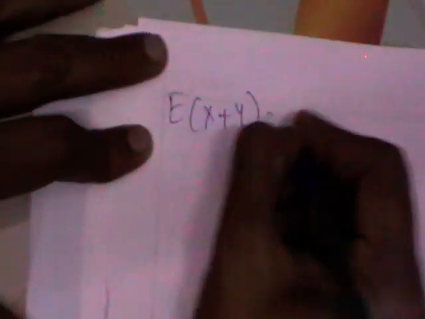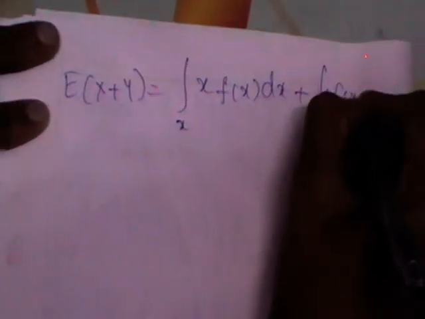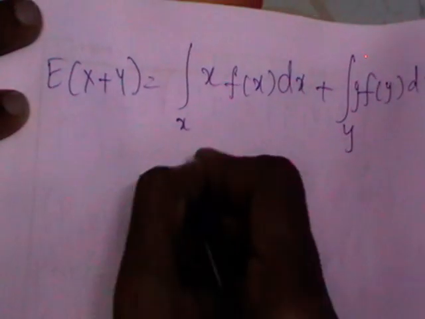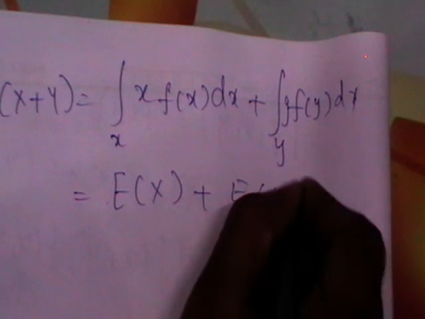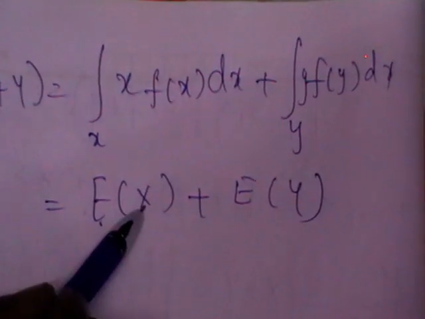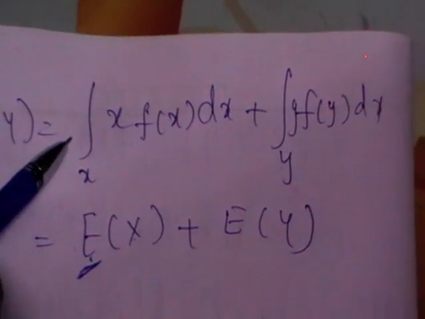So we started with the expectation of x plus y, and we got integral x f of x dx plus integral y f of y dy. I think we can write this as expectation of x and this as expectation of y. How can you write expectation of x? If it is a continuous variable, expectation is replaced with an integral.